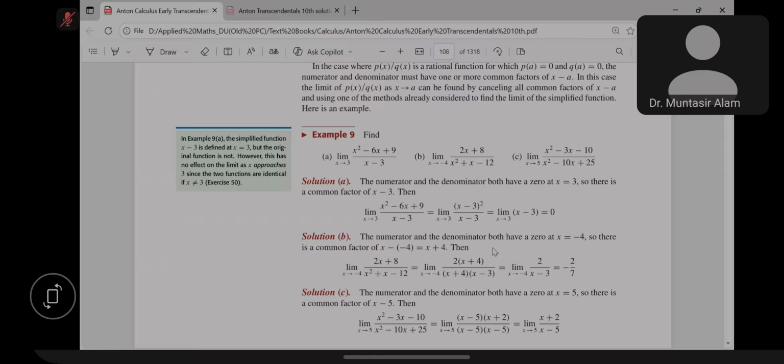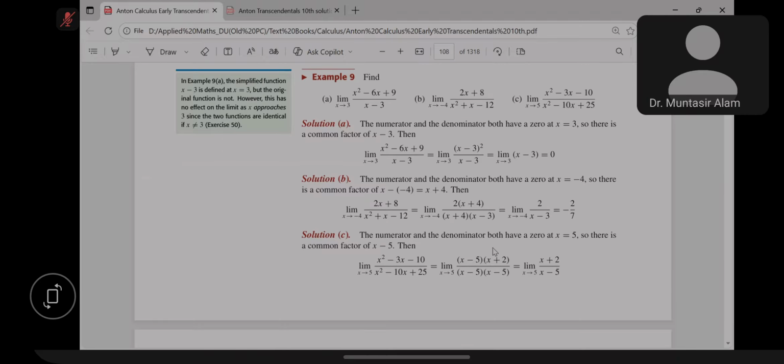All right, now check the limits given in example 9. Check one by one. I'm giving you 5 minutes to check the limiting values. If you face any problem, you can ask me. Okay.